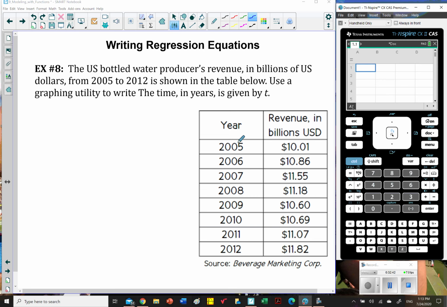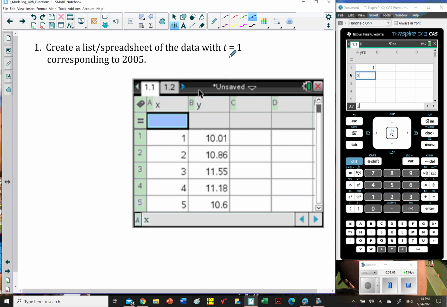If I'm going to look at 2005 as my first year, and we'll put up here that these are the years. So I got the first year, the second year. T equals 1 corresponds to year 1. I'm getting that from right here. Create a list or spreadsheet with T equals 1 for 2001.